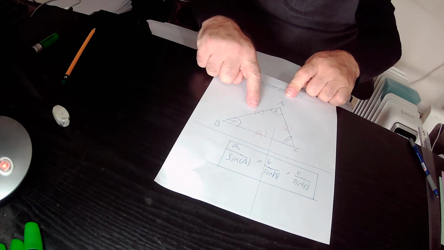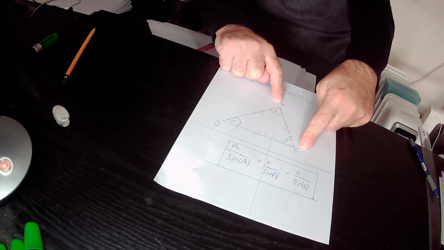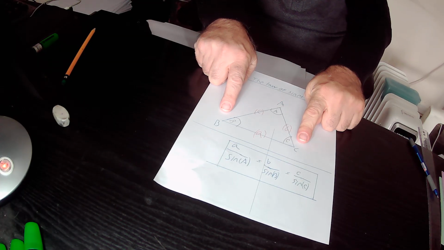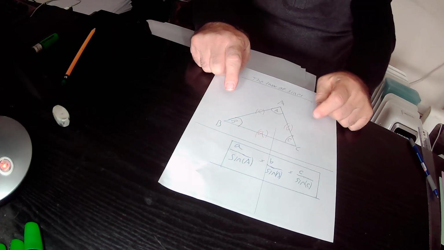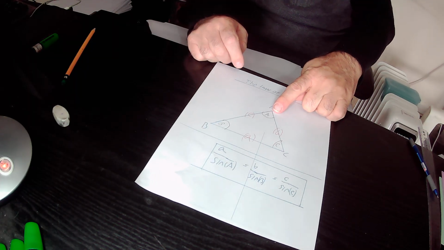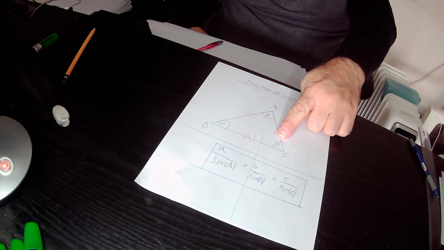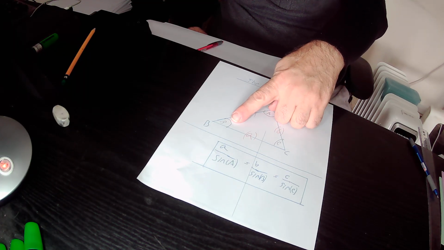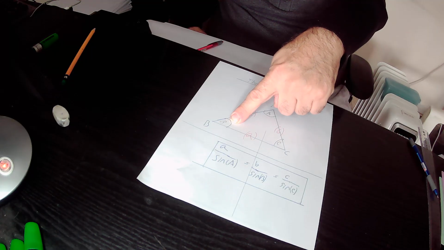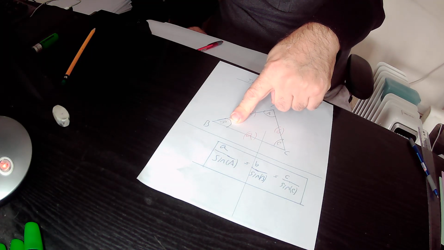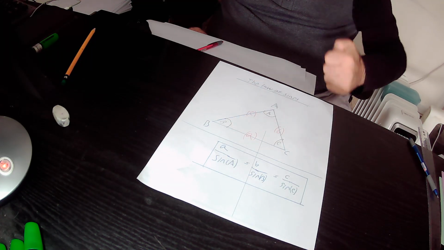AB equals c units in its length, AC equals b units in its length, BC equals a units in its length. Likewise, this is angle BAC that is equal to capital A degrees in its size. This is angle ACB that is equal to capital C degrees in its size. And this is angle ABC that is equal to capital B degrees in its size.